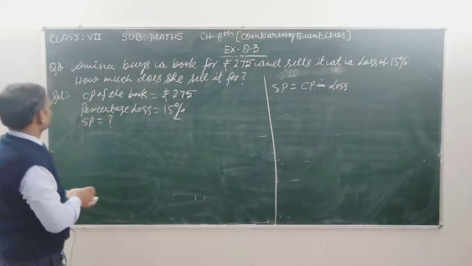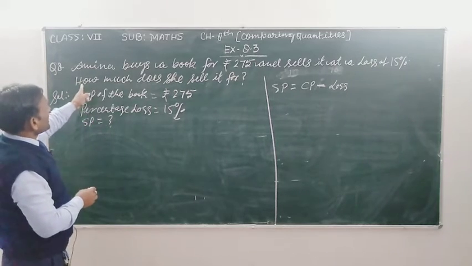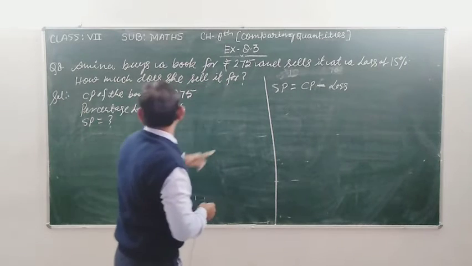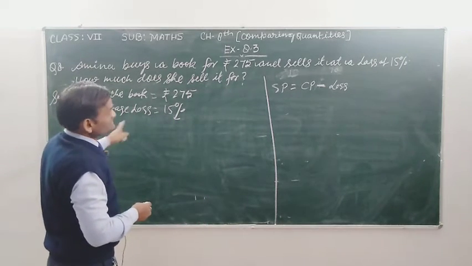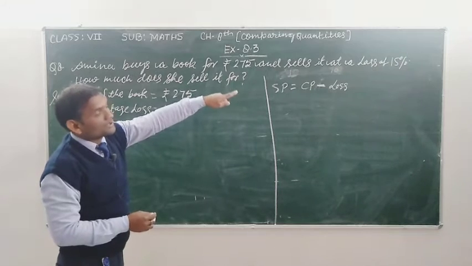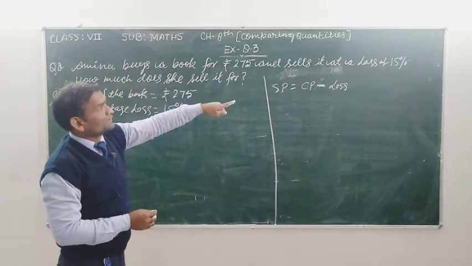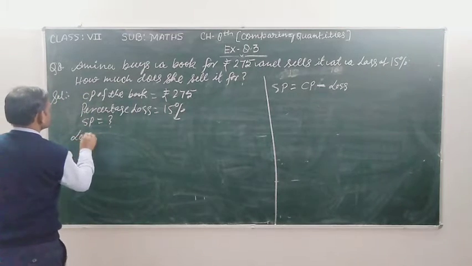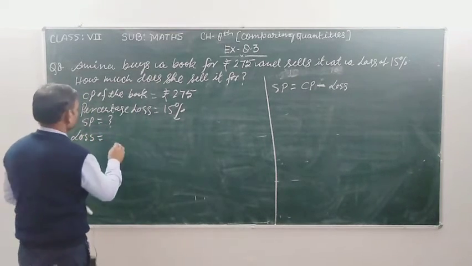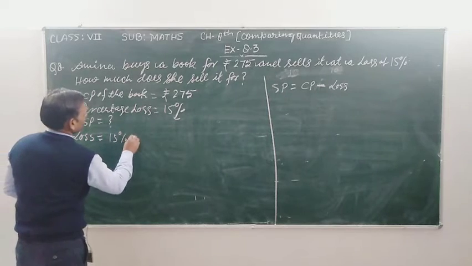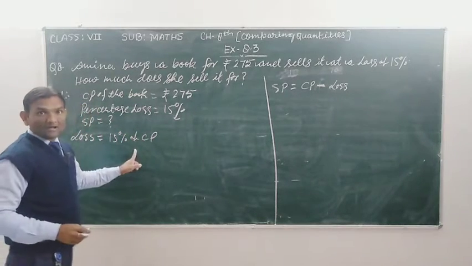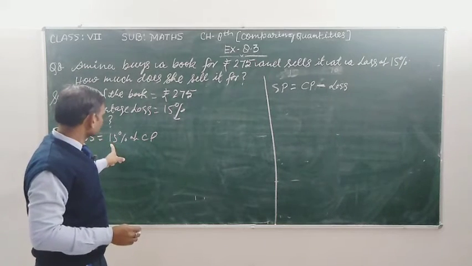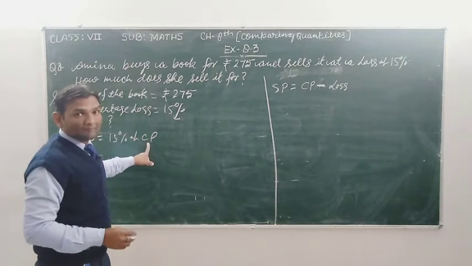So firstly we solve here. How much does she sell it for? So student, firstly we have to find out the loss. पहले हमको लॉस निकालना होगा. Loss is equal to 15% of CP. I have told you always we get the loss or profit on CP.